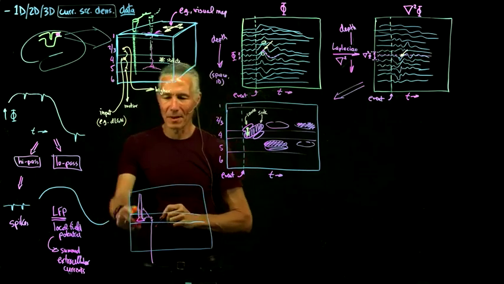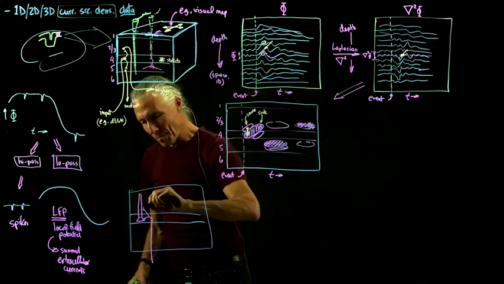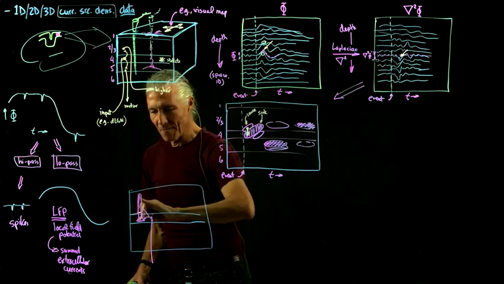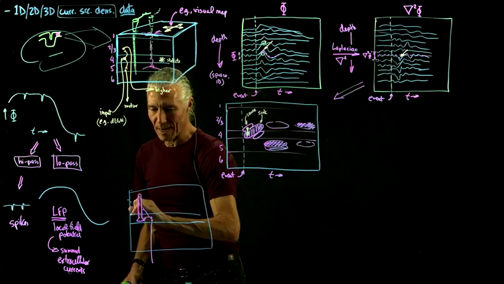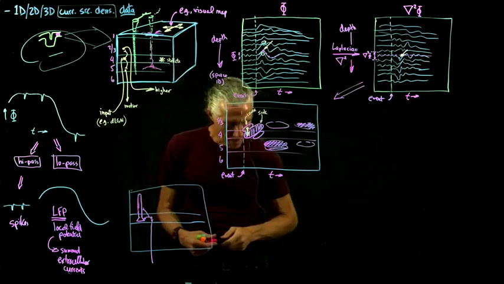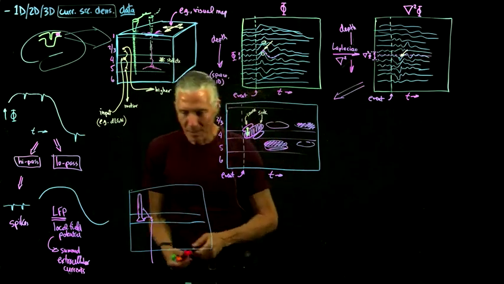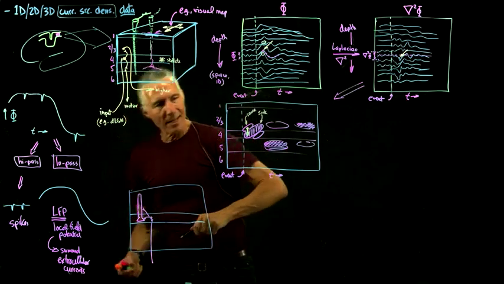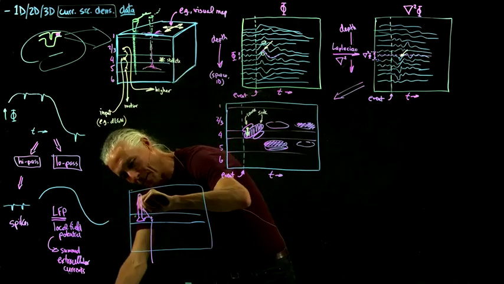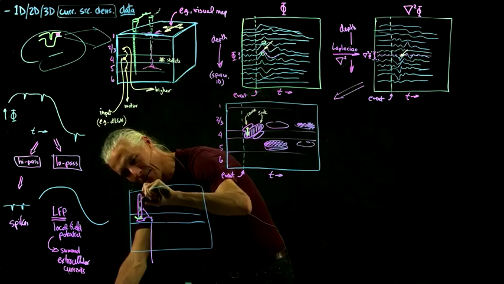Can't see that part, but we can see the part where the pyramidal cells got activated. And what's the part we can see? Well, we can see some current disappearing in here, and then coming out up here.